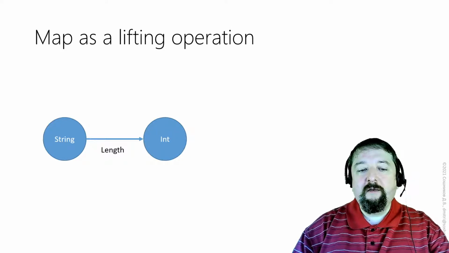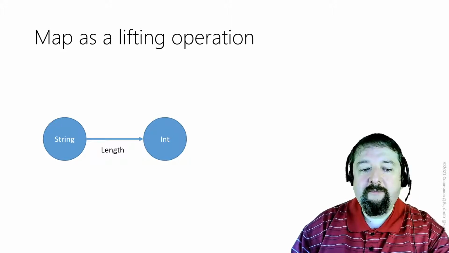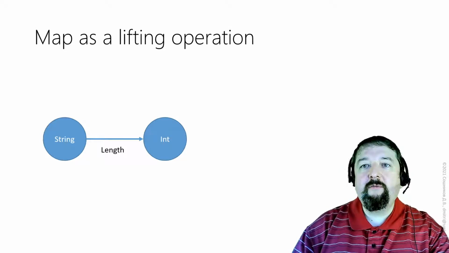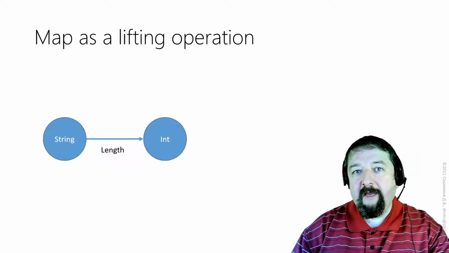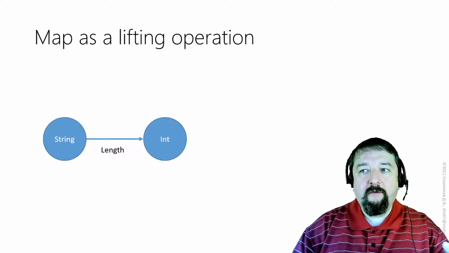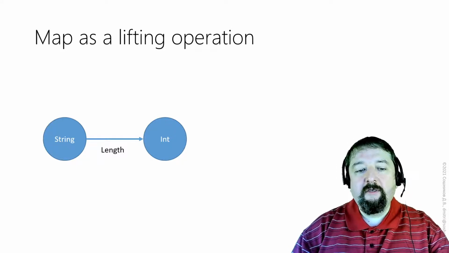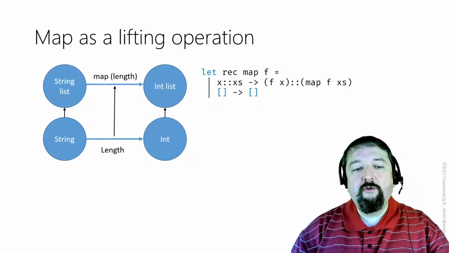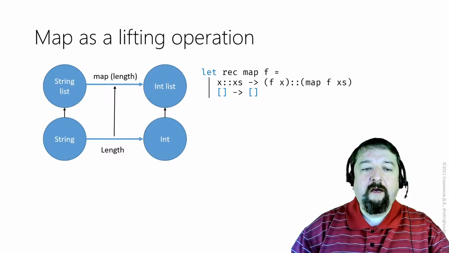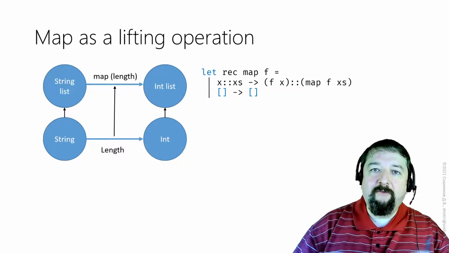So suppose we have the type string and type int, which are represented by those dots here. And there is a function length which maps every string to its length, to an integer number, right? So this length maps one domain of strings to the domain of integer numbers. And then for each type we can have the domain of lists, which is a higher level domain, right? For every type in our program, we can have the list of values of this type.